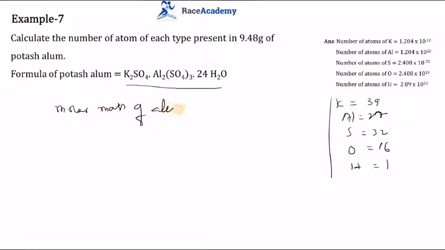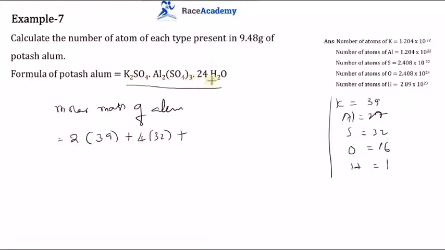Molar mass of alum equals 2 into potassium 39 plus sulfur. How many sulfurs are there? In the aluminum sulfate case we have 3, potassium sulfate 1. So 4 into 32 plus oxygen: in aluminum sulfate we have 12 and in potassium sulfate we have 4.